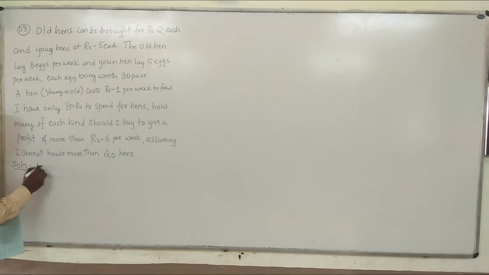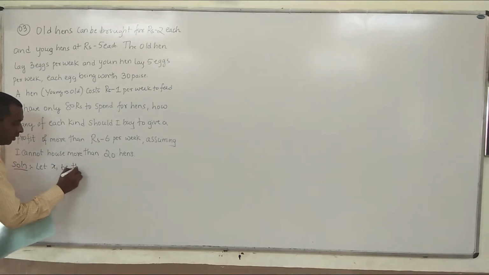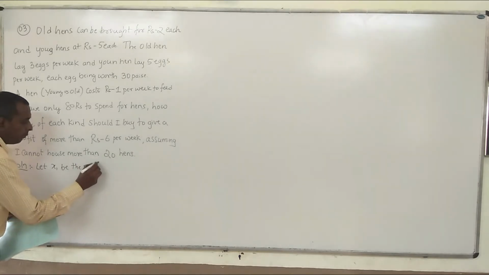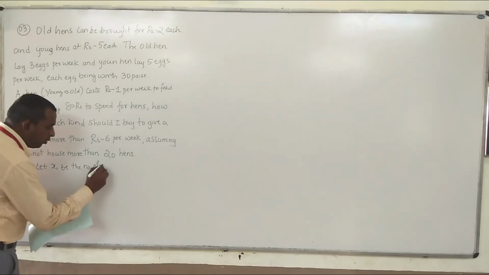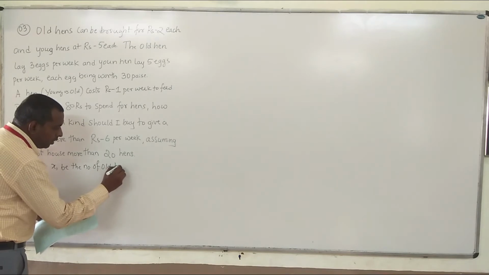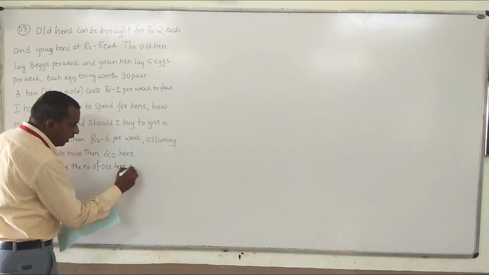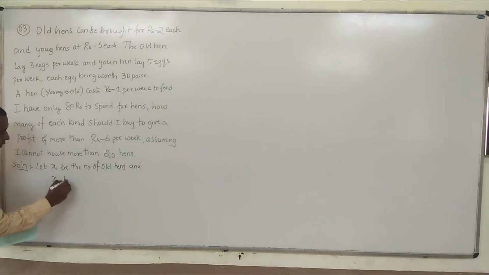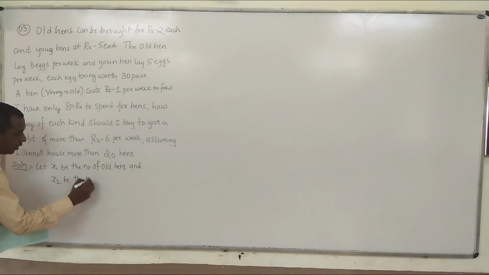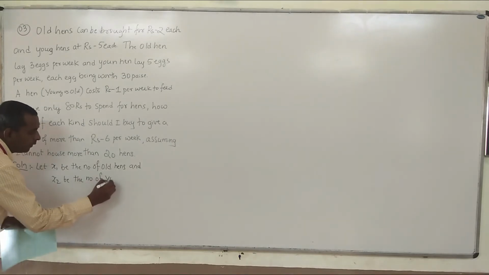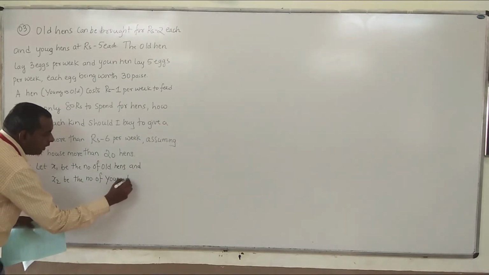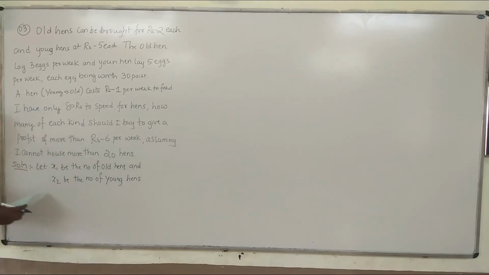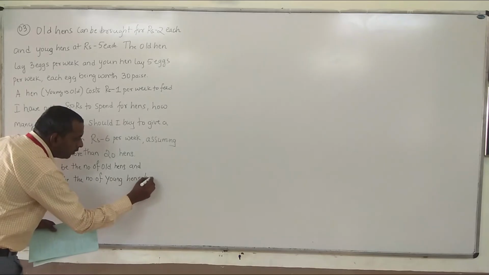Let x1 be the number of old hens and x2 be the number of young hens bought.